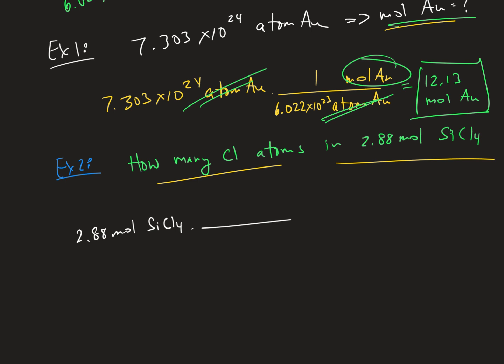Do I want moles of silicon tetrachloride in my answer? No, so it goes on bottom. And I am looking for atoms of chlorine. Can I go to atoms of chlorine yet? Not yet. What can I go to?